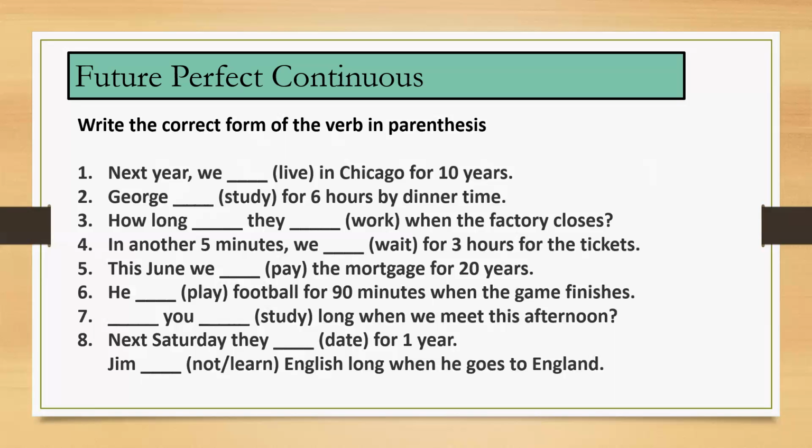He will have been playing football for 90 minutes when the game is finished. Very good. Number 7. It's a question, so we have to start with an auxiliary or the verb to be.